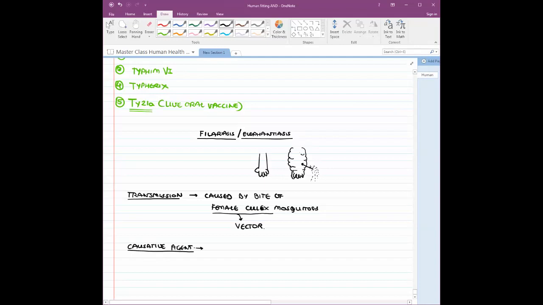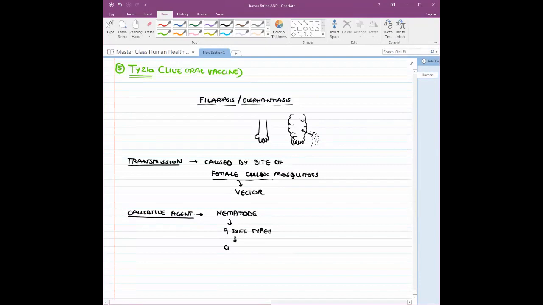Now the next thing we are going to talk about is your causative agent. Who is the causative agent? Guys, once again, this is going to be the nematode. And now, there are actually 9 different types of these nematodes, but these 9 different types are going to cause 3 different types of filariasis.